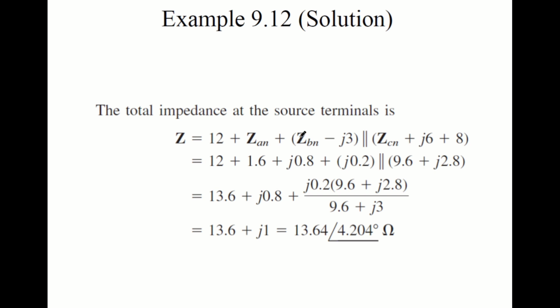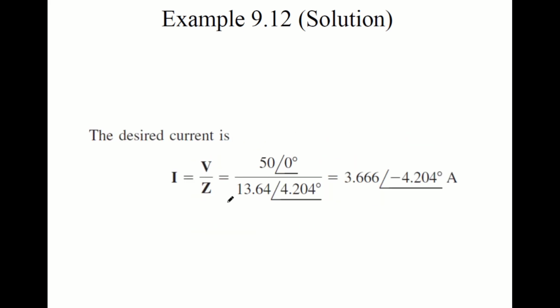So that's why we get this equation, and the total is 13.64 with an angle of 4.204 degrees ohm. We have the voltage and the total impedance value, so we can get the current. So this is the value of the current.